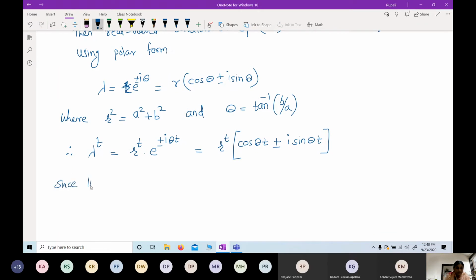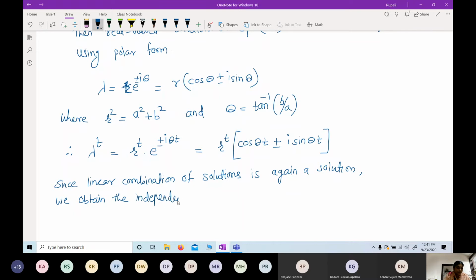And since a linear combination of solutions of a homogeneous equation is again a solution, we obtain the independent real solutions r raised to t cos theta t and r raised to t sin theta t.